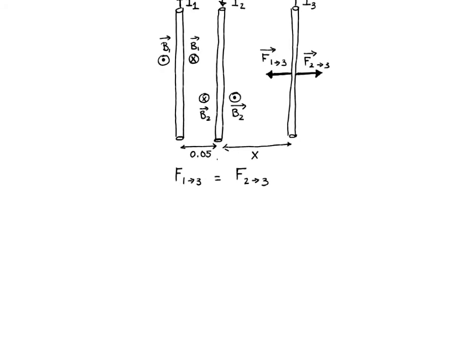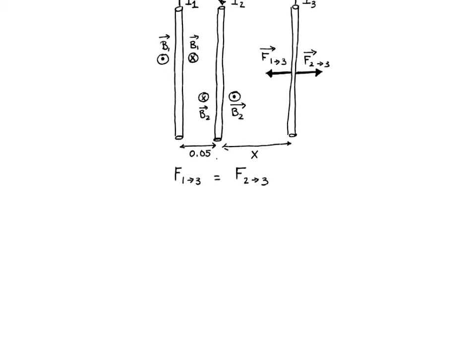In order to find the angle between the magnetic fields and current number 3, we need to draw the magnetic fields of our two wires. For that, we put our thumb along the current. So first, for example, put your thumb along current 1, and then you see that your fingers go into the page on the right hand side of the wire, and they go out of the page on the left hand side of the wire.